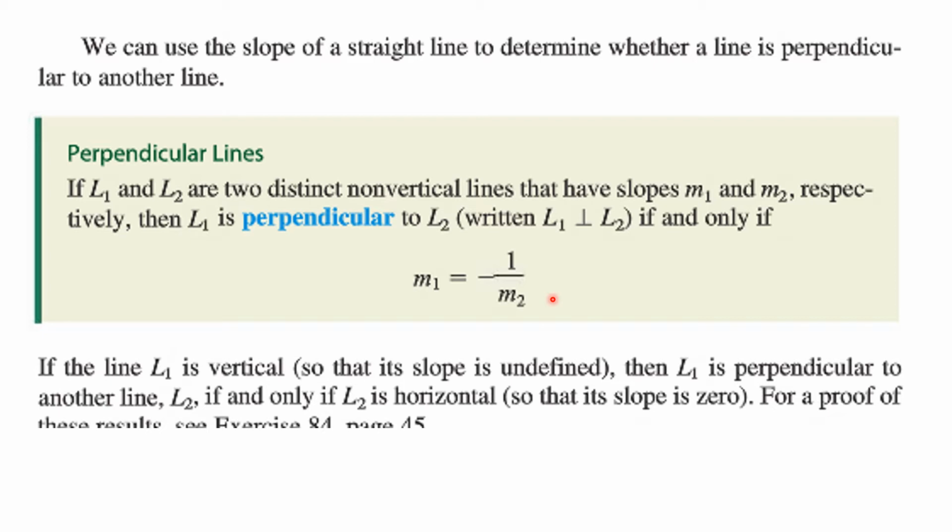The slopes are negative reciprocals of each other. If it turns out that one of the lines is vertical, the other line has to be horizontal to make it perpendicular, and a horizontal line would have 0 slope. And if a line is vertical, its slope is undefined because you have a 0 in the denominator.